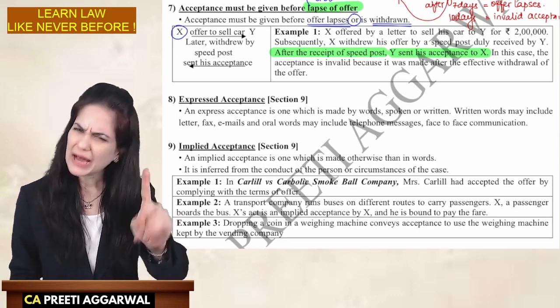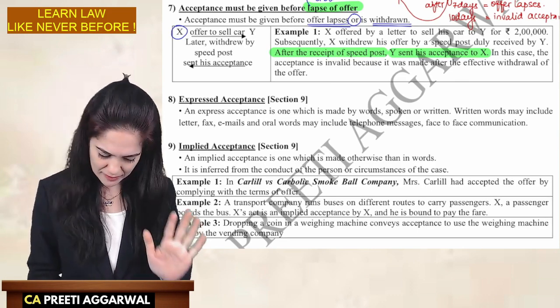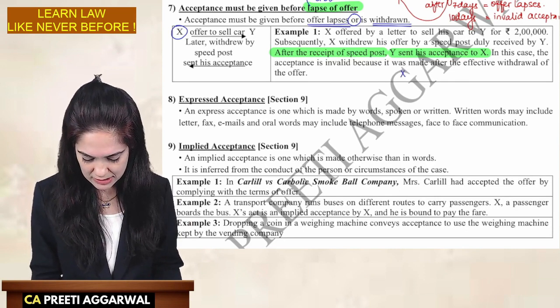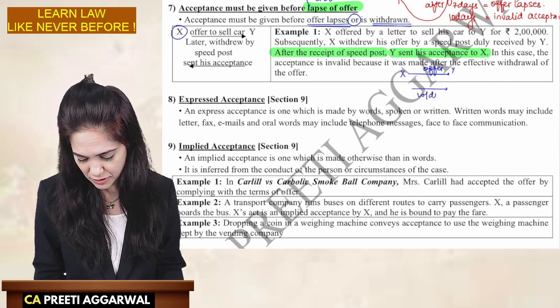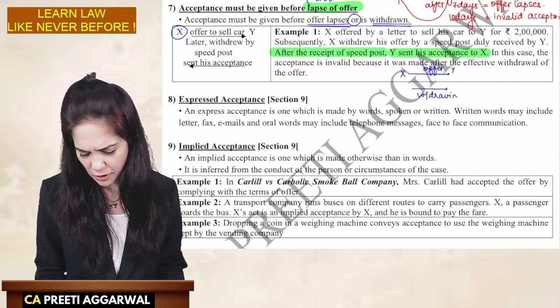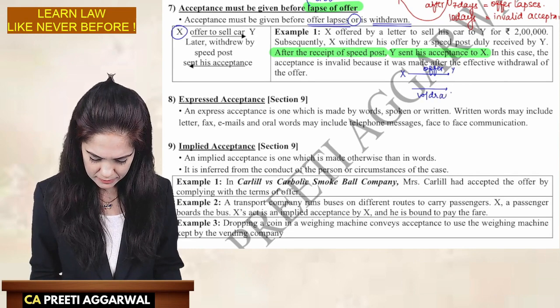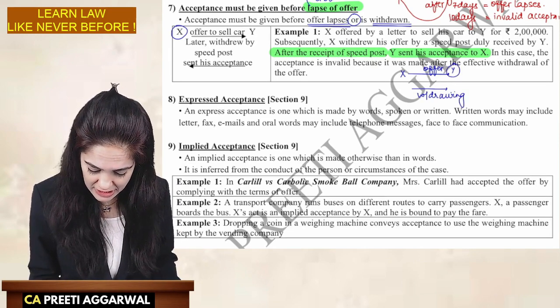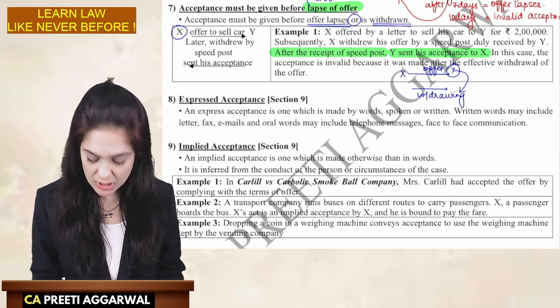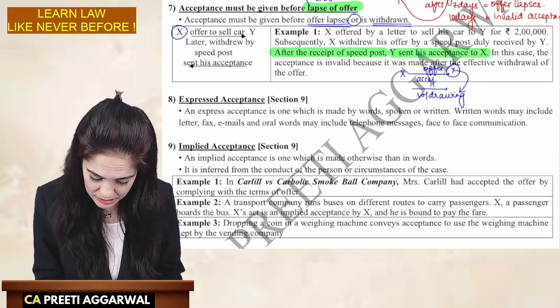I know what you are thinking. Ma'am, let's see. X gave the offer. Then he also sent a letter withdrawing the offer. Okay. But before Y received the withdrawal speed post, he had already posted his acceptance.